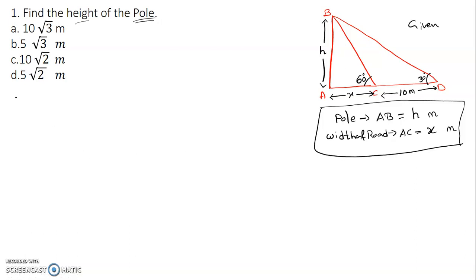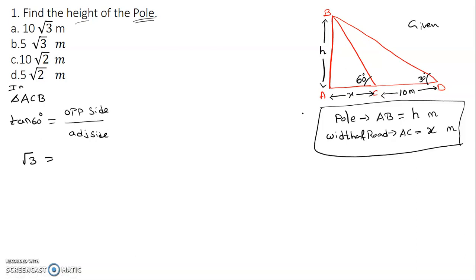For this, we have to use the first triangle, ACB. In triangle ACB, take tan 60. Tan 60 is equal to opposite side by adjacent side. Tan 60 value is root 3.